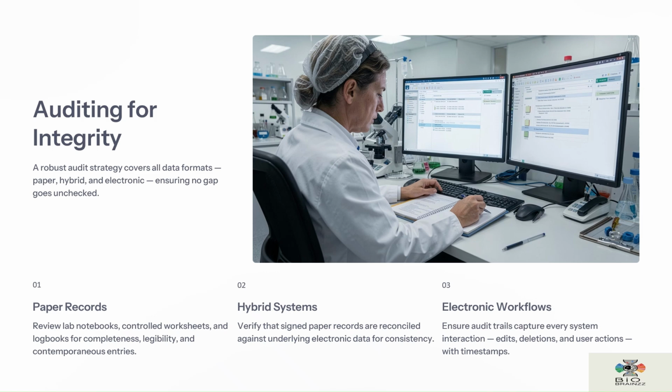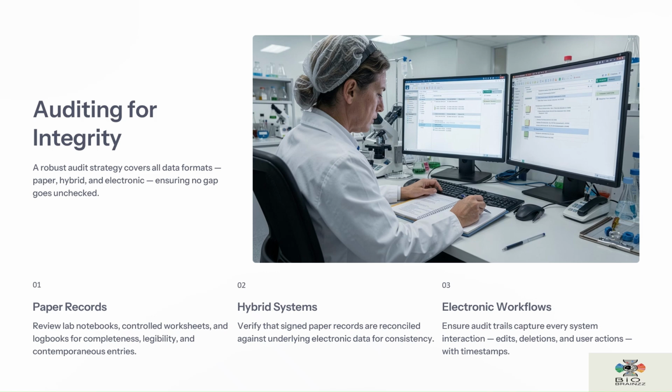Regular auditing is an essential part of data integrity management. Audits help identify weaknesses before they become regulatory observations. For paper records, auditors review notebooks, worksheets, and logbooks for completeness. For hybrid systems, audits verify that paper records match the underlying electronic data.